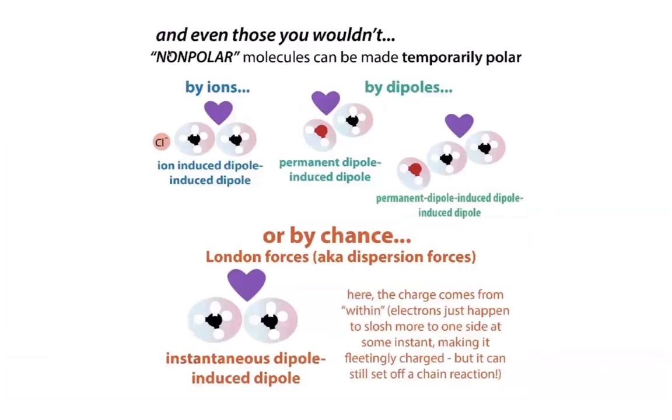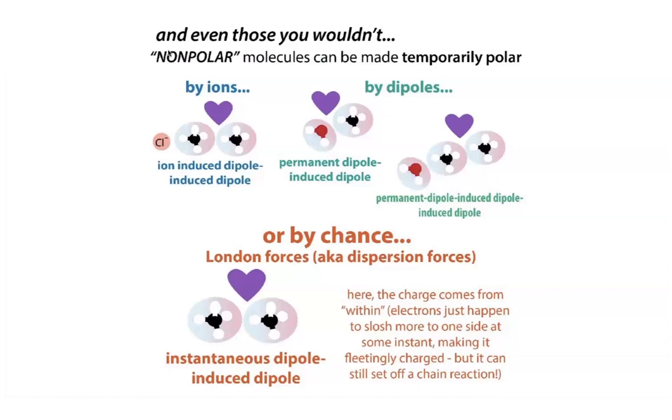Basically, what can happen is you can get induced dipoles. Because you have electrons moving randomly, whizzing around that central nucleus in an electron cloud, if there randomly happen to be more on one side than another, then you get a partial charge, a temporary dipole. This can happen just randomly, and so you get London forces or dispersion forces, where you get an instantaneous dipole, and that instantaneous dipole can attract the thing next to it.